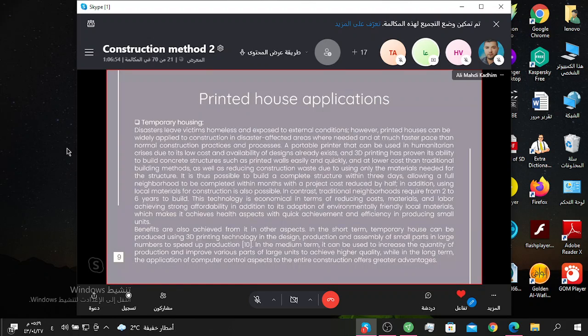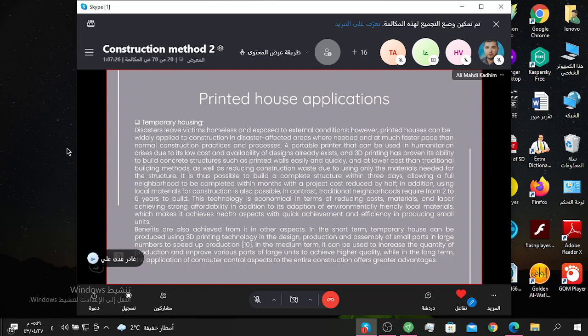A portable printer can be used in humanitarian crises due to its low cost and the availability of designs that already exist, and 3D printing has proven its ability to build concrete structures such as printed walls easily and quickly, and at lower cost than traditional building methods, as well as reducing construction waste due to using only the materials needed for the structure.